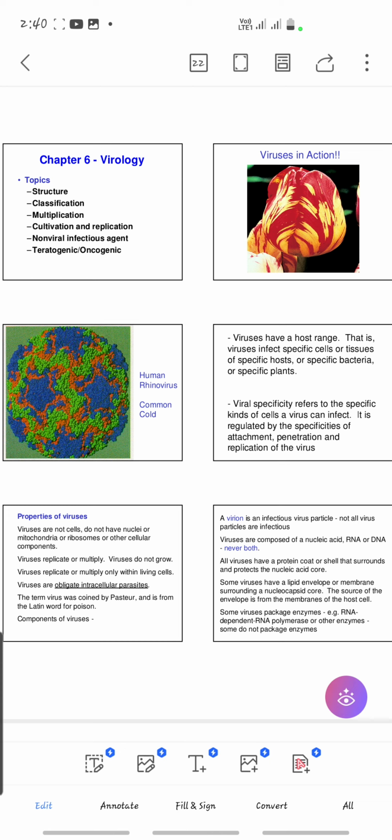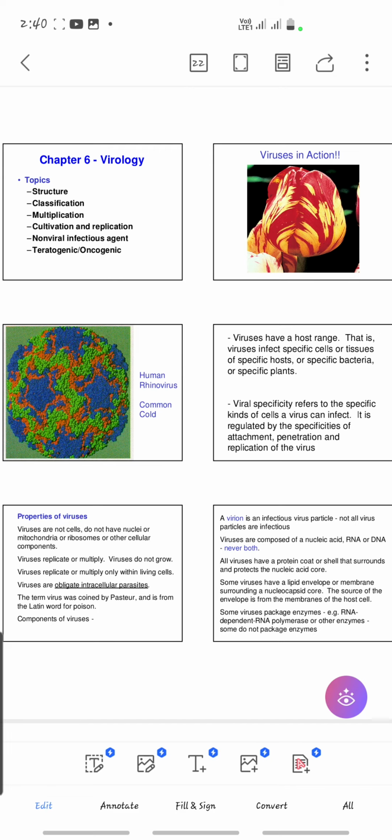Some common diseases caused by viruses include flu or the common cold. A very good example is COVID-19, which we encountered from the year 2019 onwards. So that is the definition of viruses.